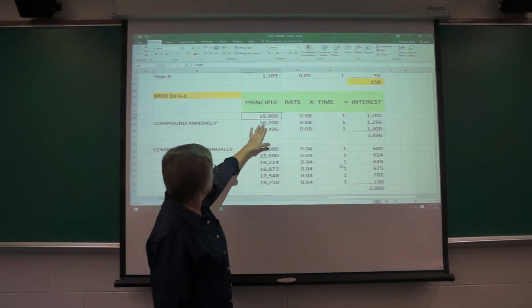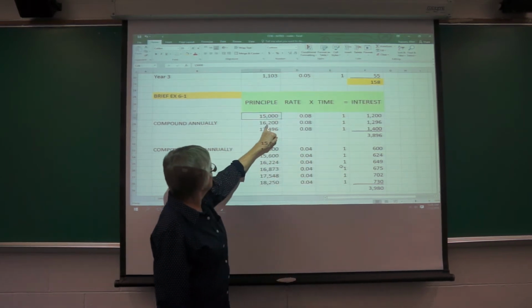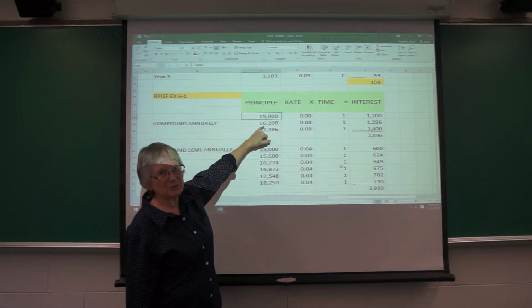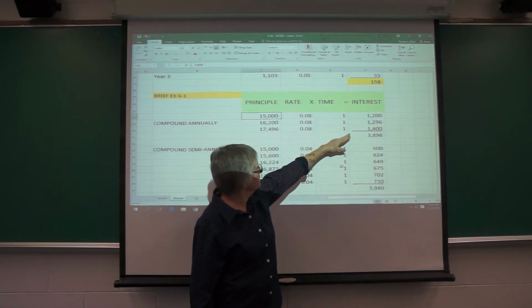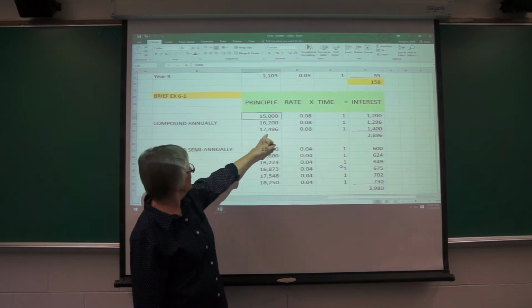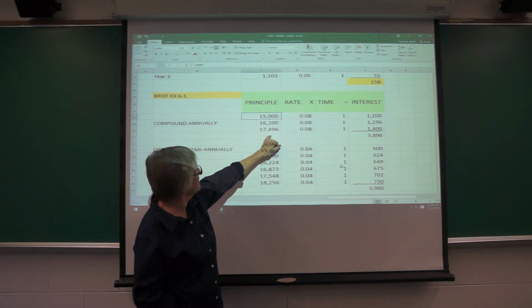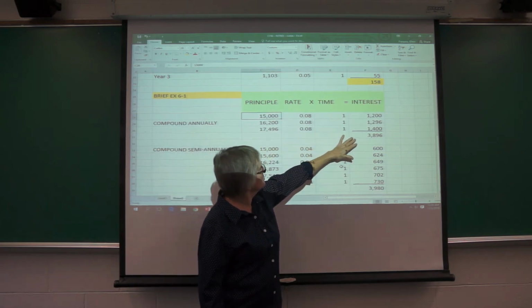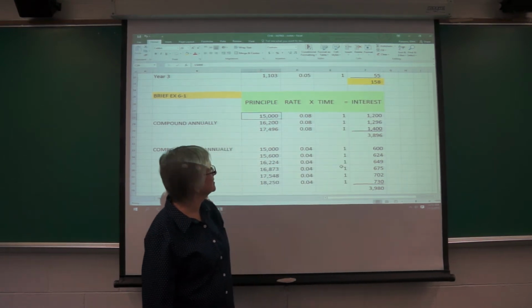So we've got the 15,000 times 8% gives you 1,200 for the first year. The next year, the interest is calculated on the principal plus the interest, so 16,200 times 8% is your interest for year 2, and they add that on to get the new principal, the 17,496, and so your interest on this problem over 3 years would be 3,896.